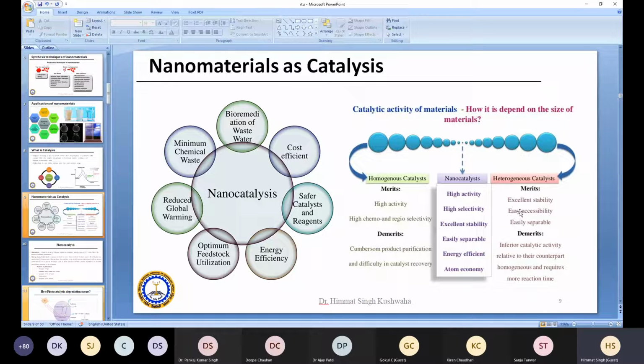Heterogeneous catalysts have the merits of stability, accessibility, and easy separability. But the demerit is their inferior catalytic activity relative to their homogeneous counterpart, and they require more reaction time as compared to the homogeneous catalysis process.